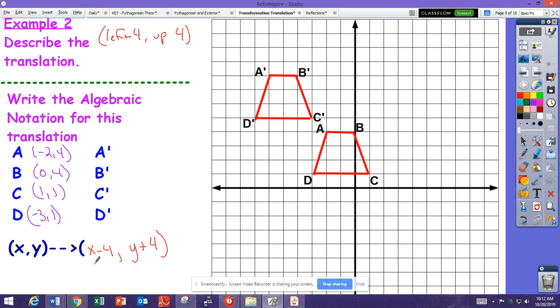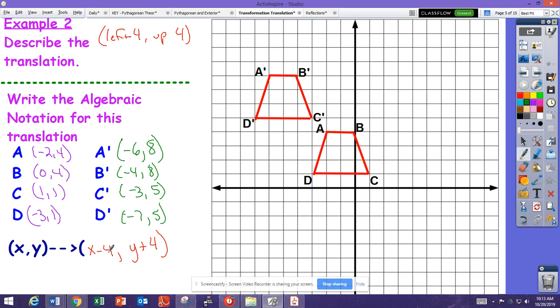I'm going to just use the notation to get these points, right? So A prime is -2, so -2 minus 4 is -6. And then the y is adding 4, so 4 plus 4 is 8. So that will make this -4, 8. That will make this C prime -3, 5. And D prime would be -7, 5.